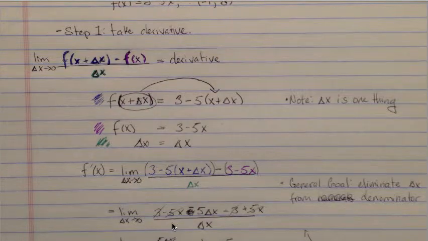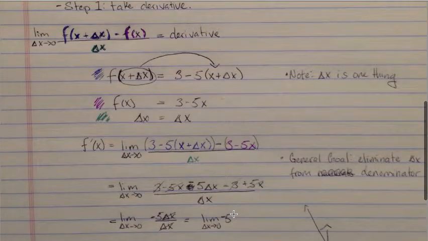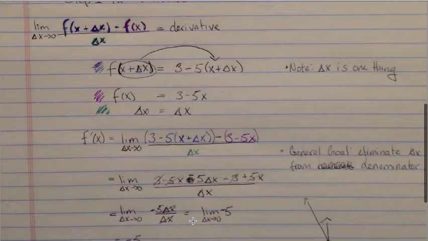Then we cross everything out that we can. Positive 3 here, negative 3 here, they cross out, negative 5x, positive 5x, and you are left with the limit as delta x approaches 0 of -5 delta x over delta x, which, lucky enough, cancels out.